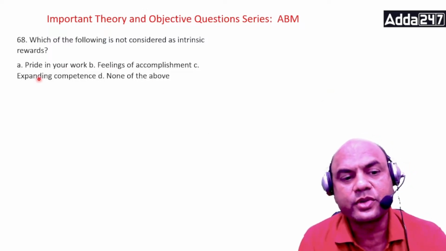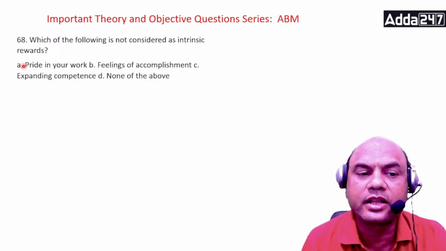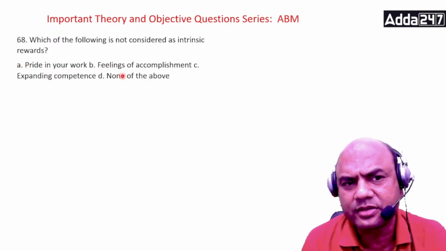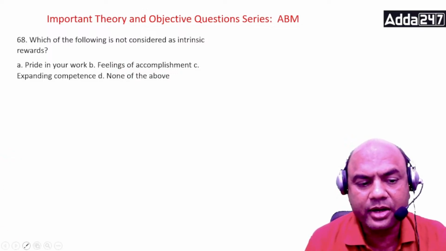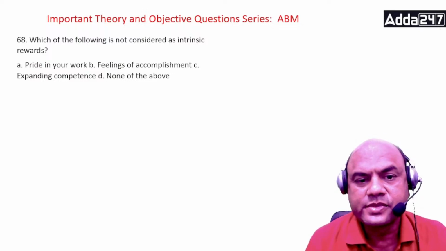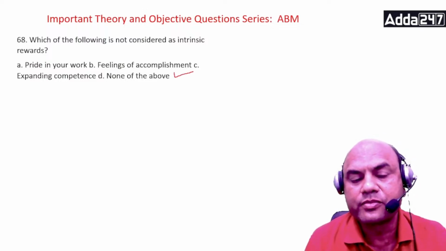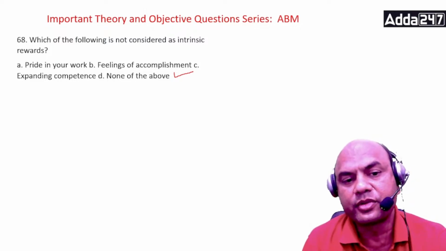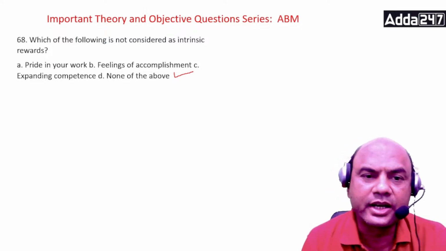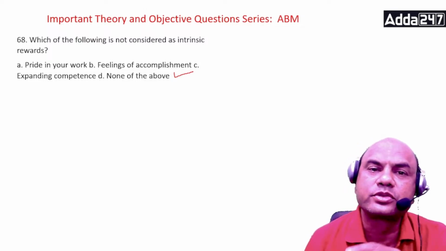Whenever we get such a question, we generally tend to answer it in A, B and C because none of the above, we feel that it can't be the answer. Isn't it? We feel that. But remember in this question the answer is none of the above, because all of them are intrinsic rewards. Look at this. Intrinsic reward means what?